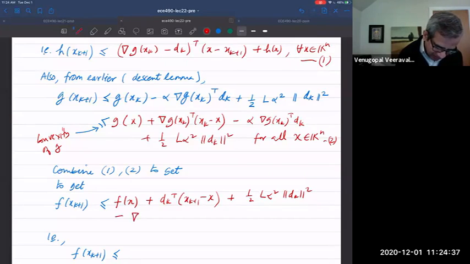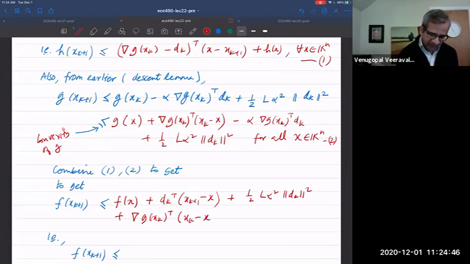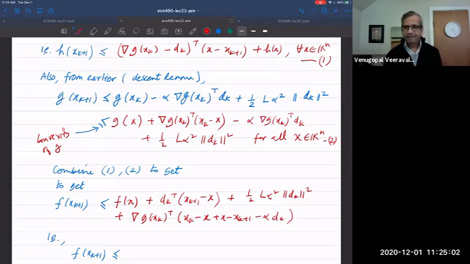So this is plus gradient of g of xk transpose, I have an xk minus x from this term here, and then an x minus xk plus 1 term. And then I have another term here, which is minus alpha dk. Anyone see anything interesting about this last term that I just wrote down?